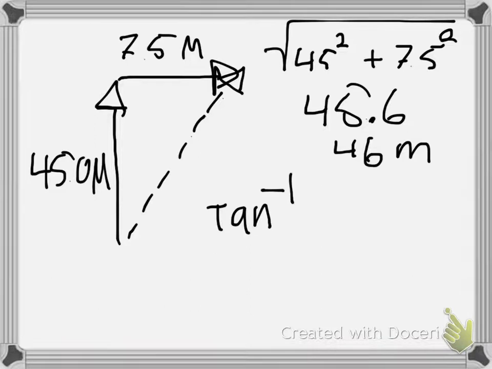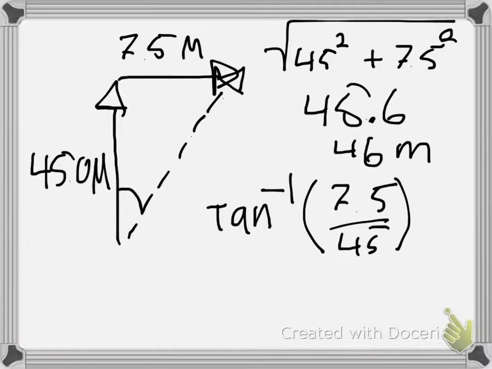And then we have to again use the tangent inverse times, so if this is the angle we're solving for, the opposite over the adjacent, which should have you come out with a very small angle of 9.5 degrees east of north.